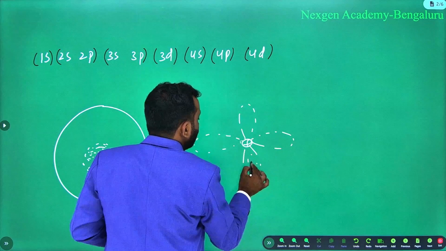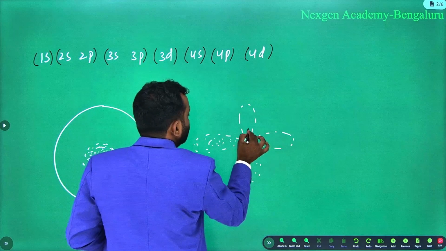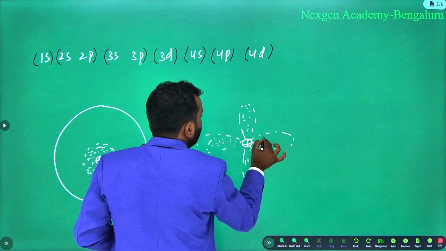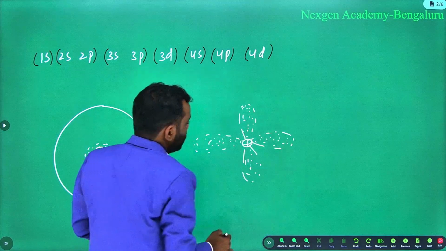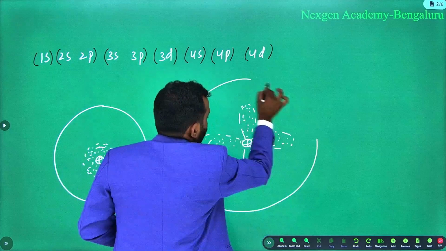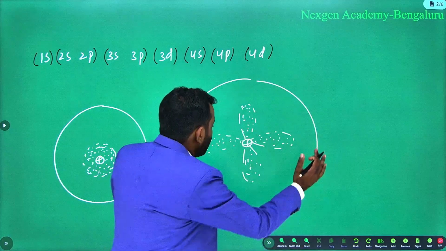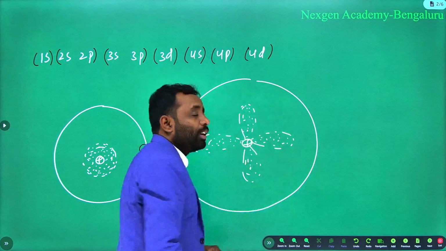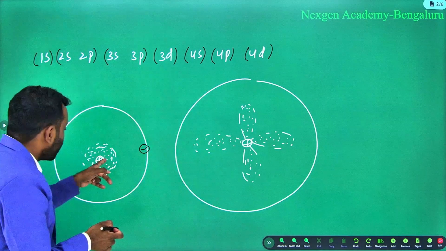The same electron is available in multiple regions. So the concentration of the d electron around the nucleus is less. If an atom is taken, the d electron is more distributed. The availability of the d electron around the nucleus is less. If it is less, then it cannot protect like this.